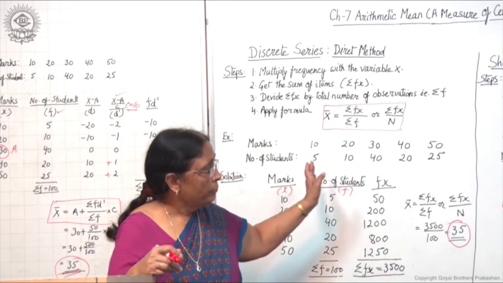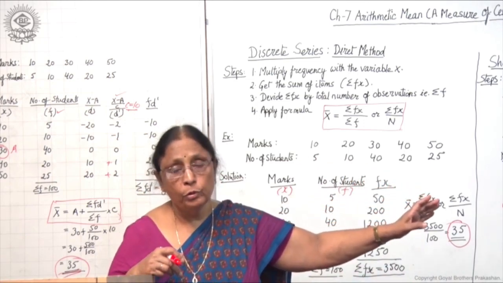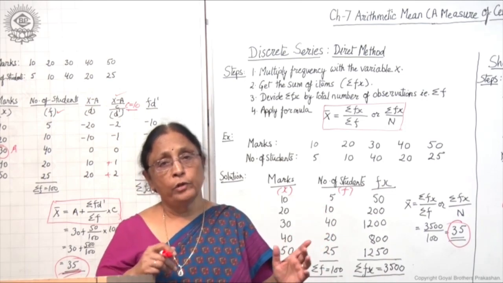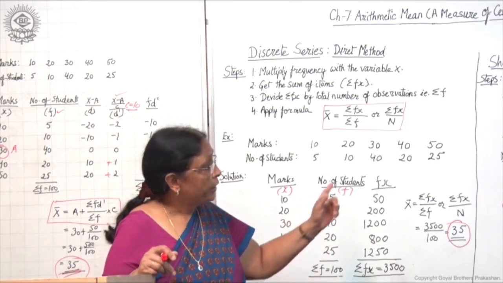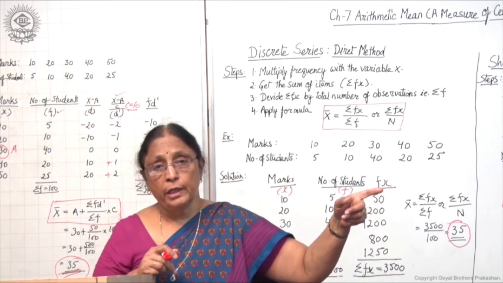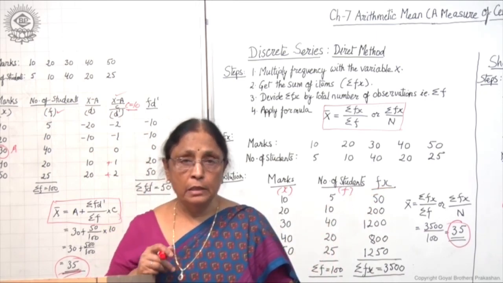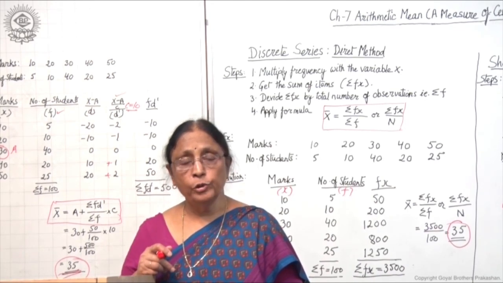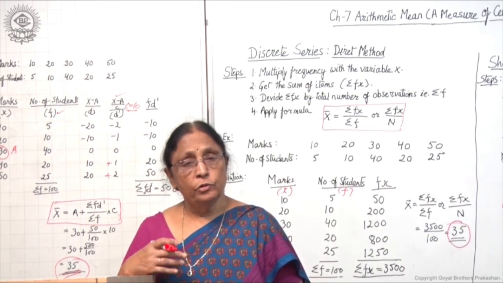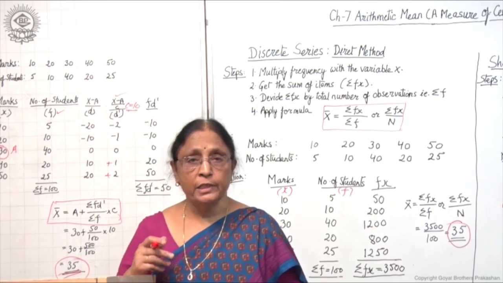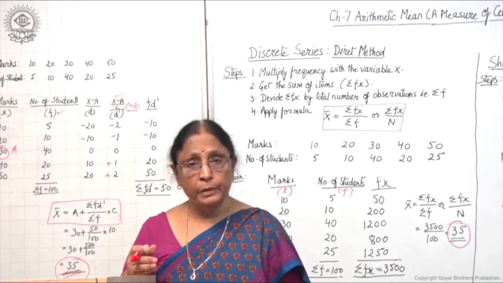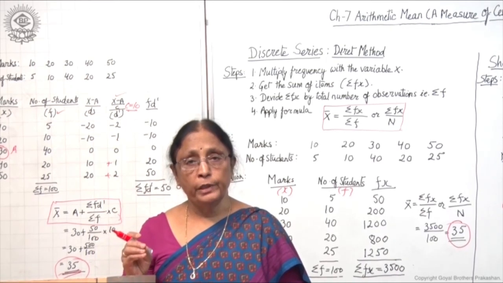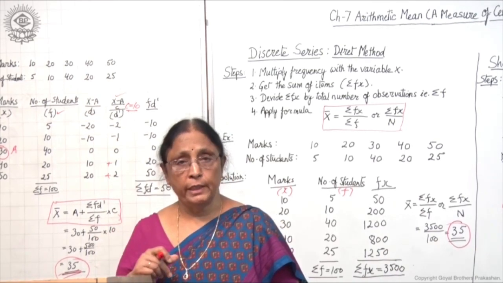I have told you the methods of calculation, and you have to learn the formula properly, so that whichever method you are applying, you use the correct formula in each case and you will get the correct answer. So this way it is very interesting to learn arithmetic mean. Don't get confused, and try to do as many exercises as you can with many more examples from the book, so that you will learn it properly and you will never make a mistake.